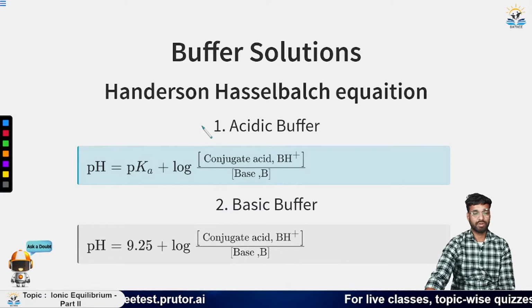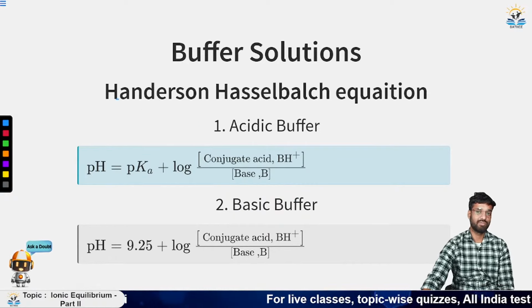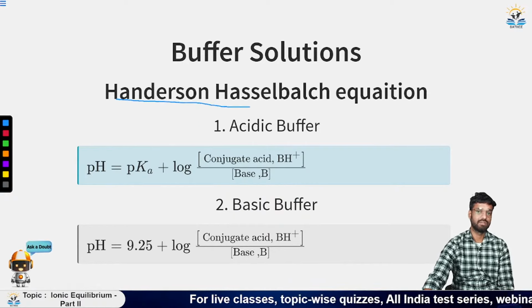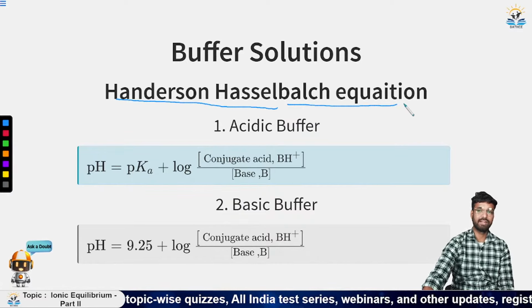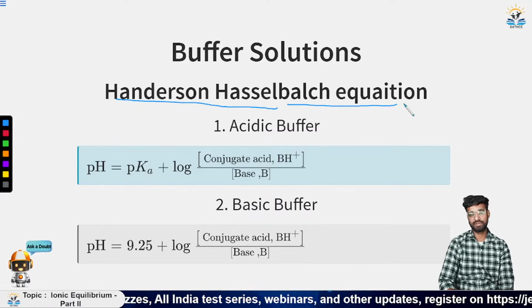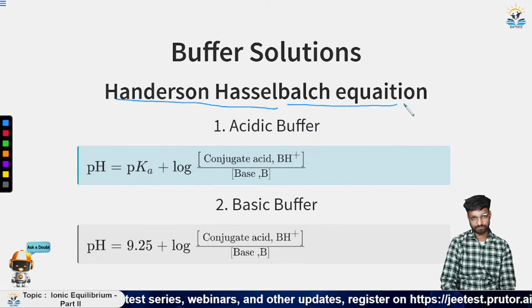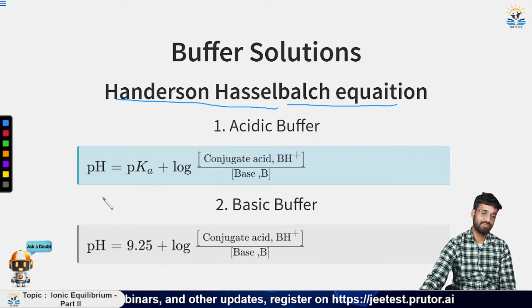Now let us look at it in the formula. This is the important formula for calculation of this pH. It is derived using the Henderson-Hasselbalch equation. We will not get into the derivation as it is not important for the exams.